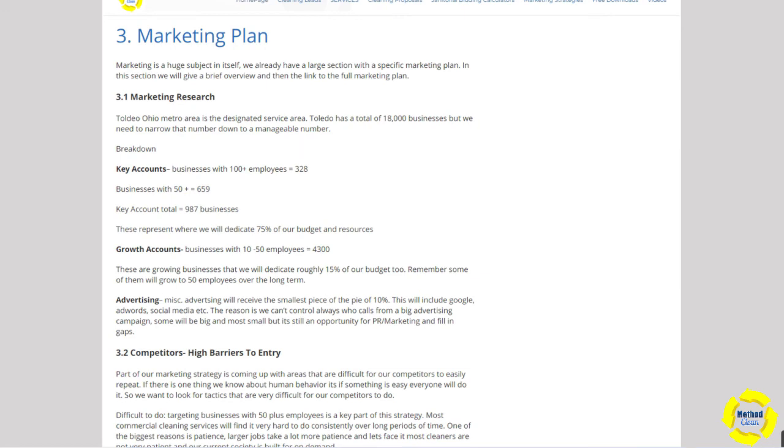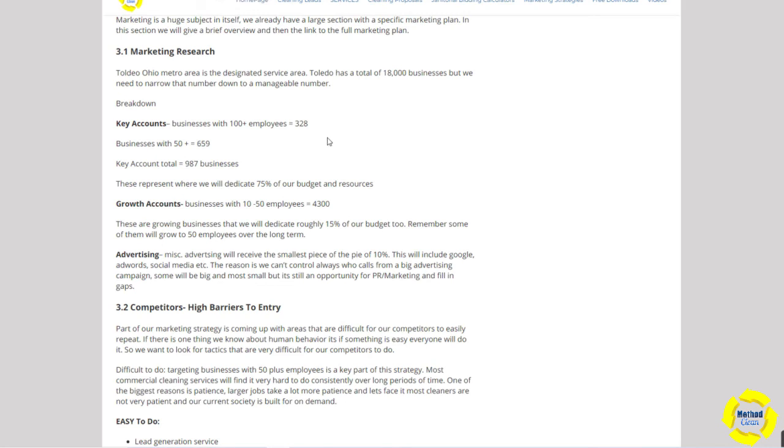So in our case, we want to focus on larger businesses with 100 plus employees. We did some research and we came up with there's 328 of them. And businesses with 50 or more employees, there's 659. So that's a total of 987 businesses.